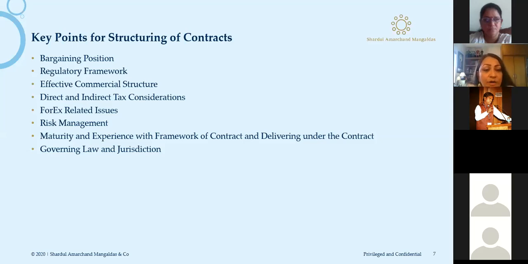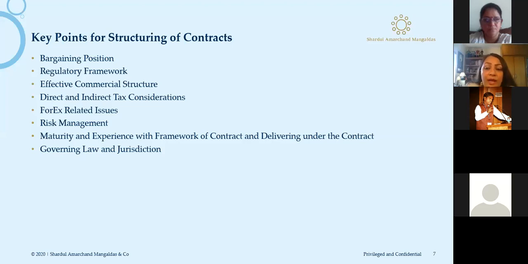Hence, the maturity and experience of knowing how to draft the contract is very important, because without it, you can never come up with a contract which can deal with situations which are constantly dynamic.